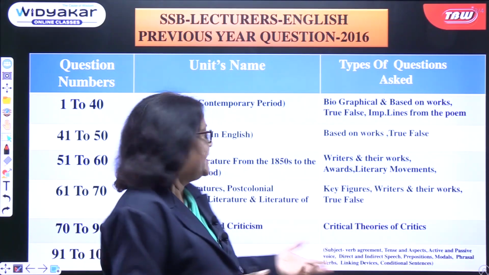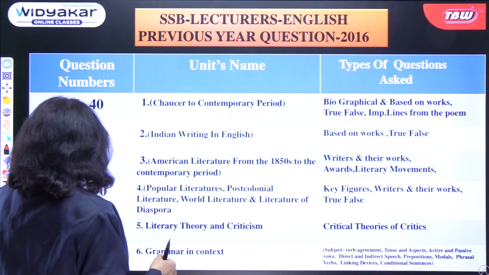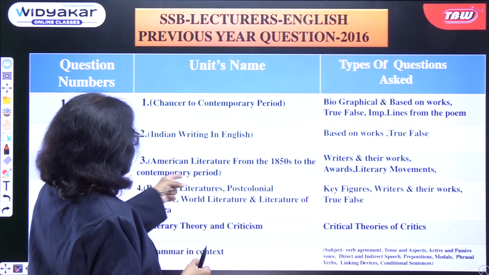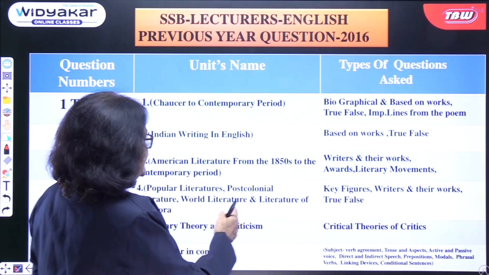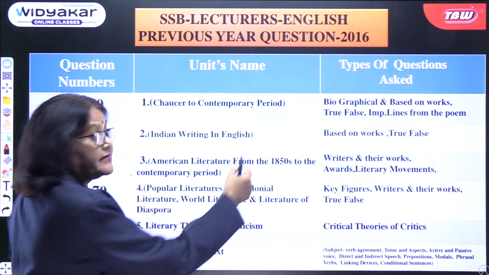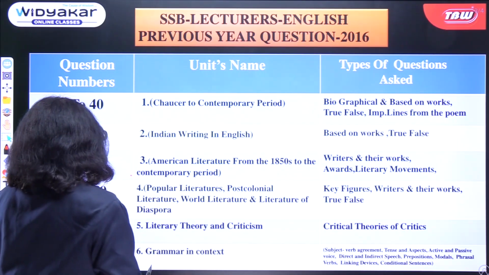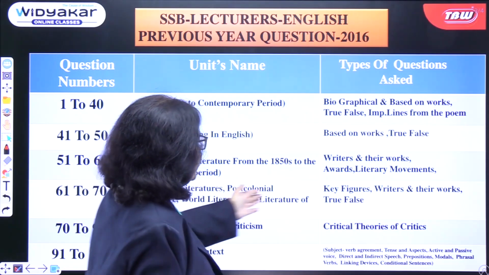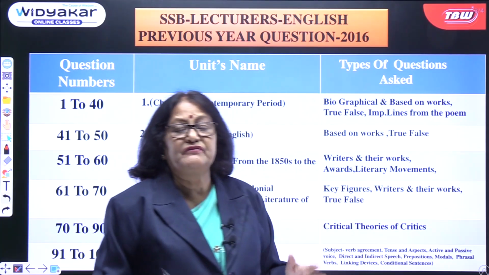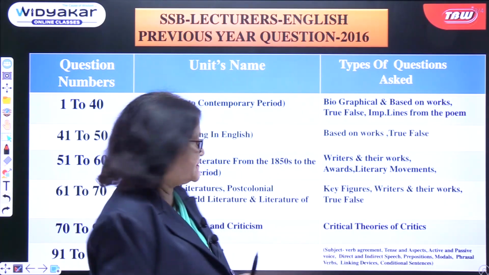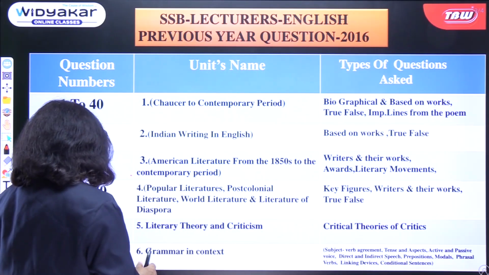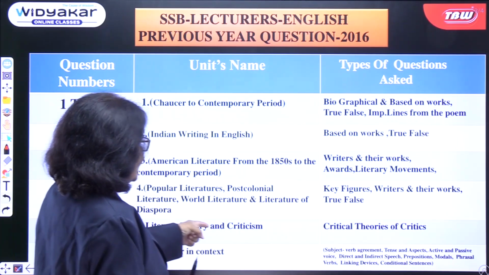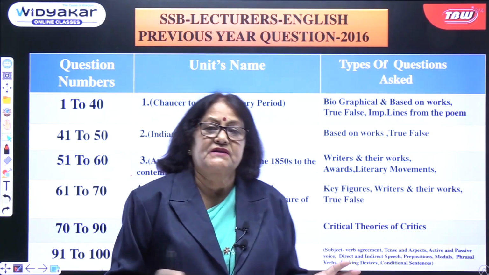Then from 51 to 60, these 10 questions again from American literature, writers and their works, awards and literary movements. From 61 to 70, popular literature, post-colonial literature, key figures, the writers, their works, and whether the statement is true or false. From 70 to 90, 20 questions, again literary theory and criticism, critical theories of critics.